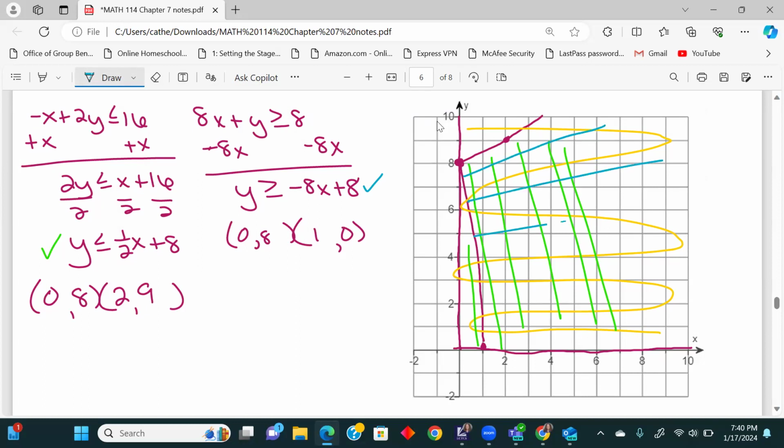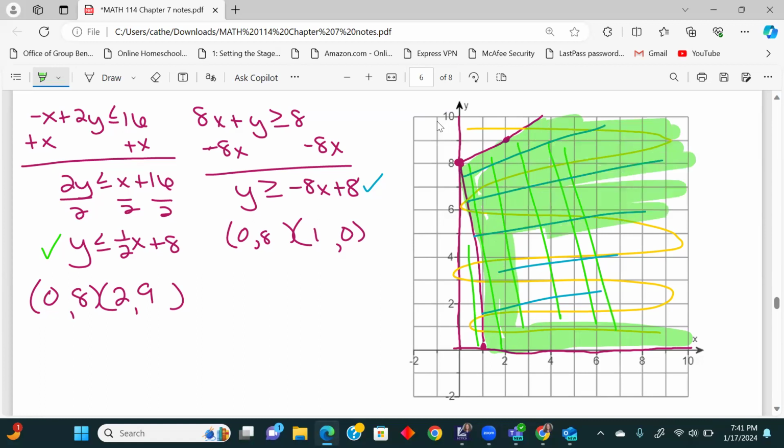Okay, so you can see where the three are overlapping. Let me shade that area. It's everything here. It's actually going to go on. That's a big area. Okay.